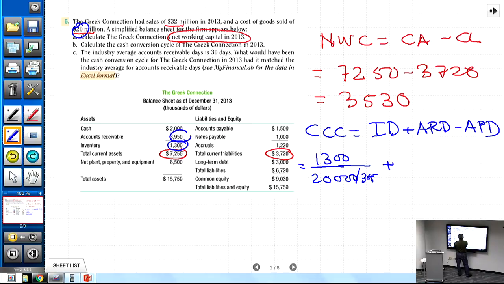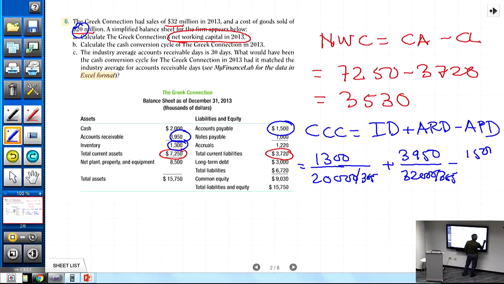Accounts receivable is 3950, or 3.95 million on sales of 32 million, so 32,000 I'll put here, divided by 365, minus accounts payable, which is 1500, again on cost of goods sold of 20,000 divided by 365.